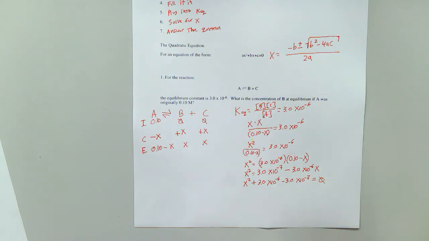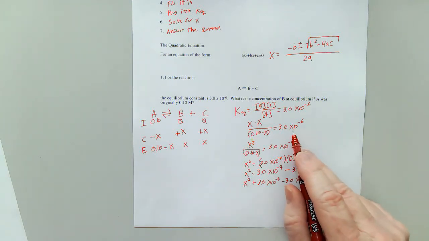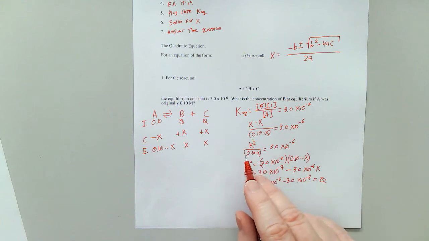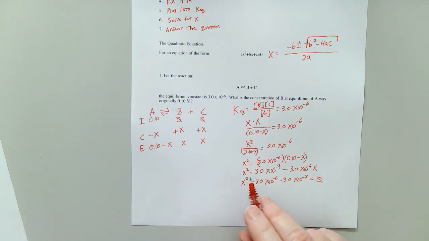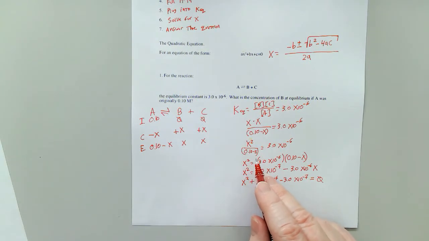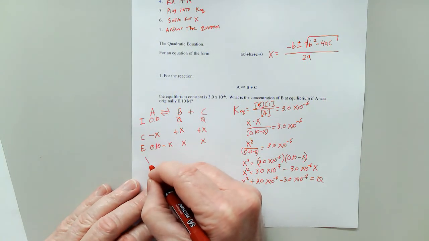See, it turns out that since the KEQ is so small, I can basically assume that this minus x, when you round off for sig figs, will still equal just 0.10. So let's do it as an approximation.